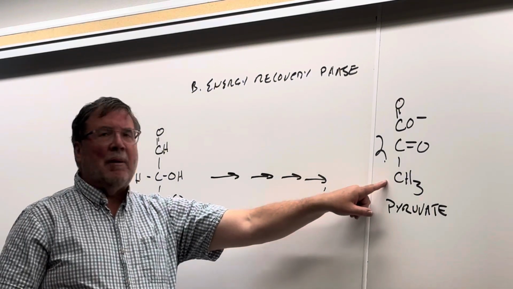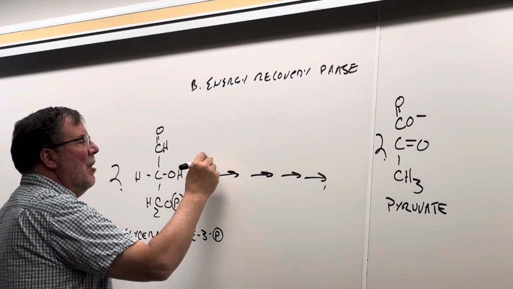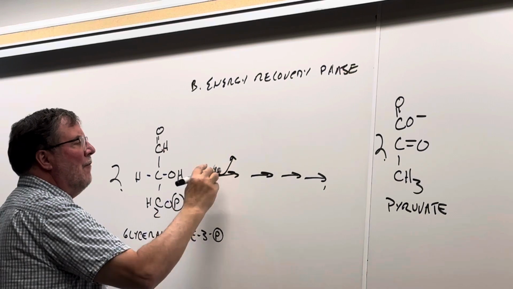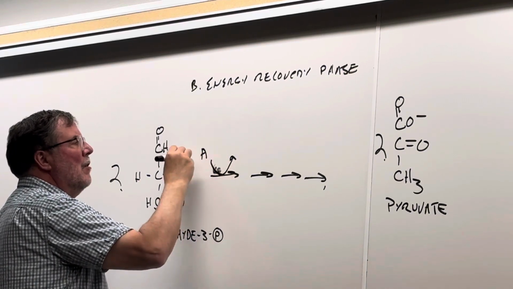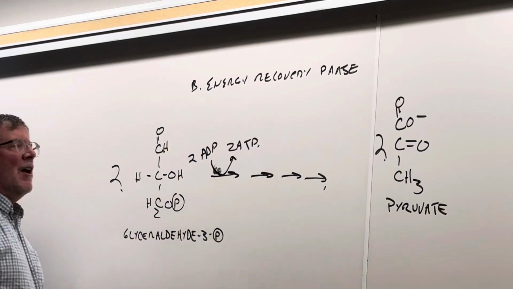You might notice the pyruvate molecules don't have any phosphate attached. So we're going to use those phosphates with ADP to make 2 ATP. We're going to remake our ATPs.